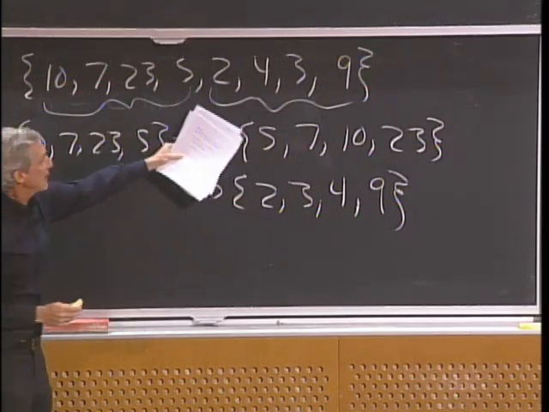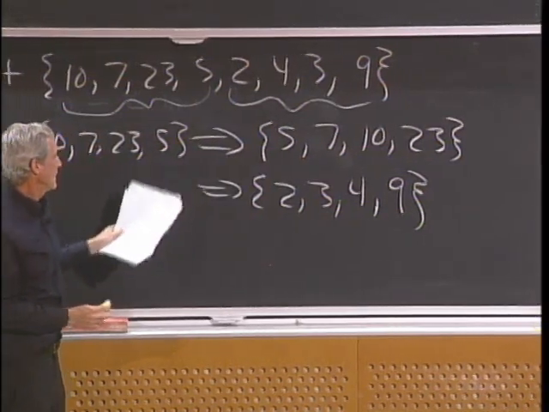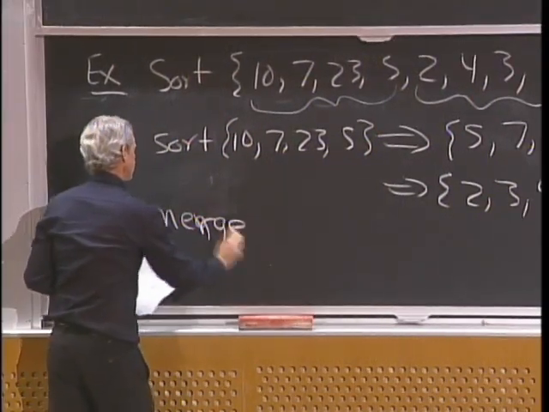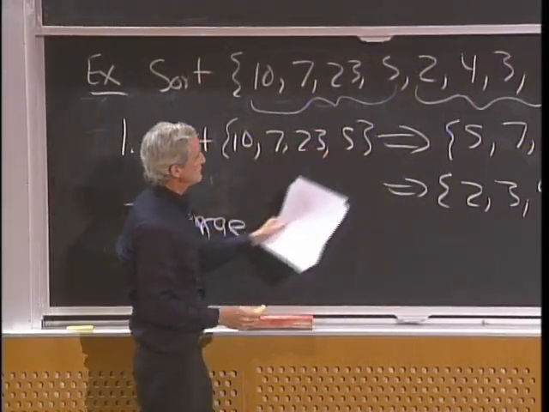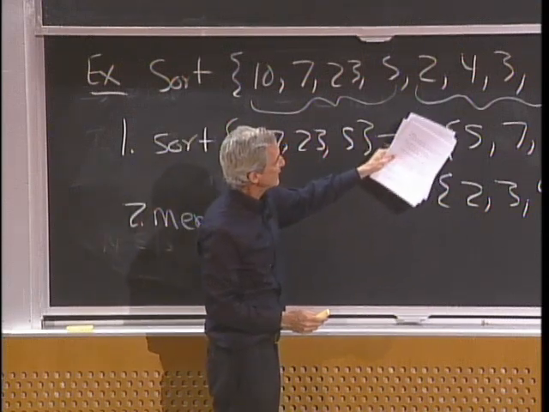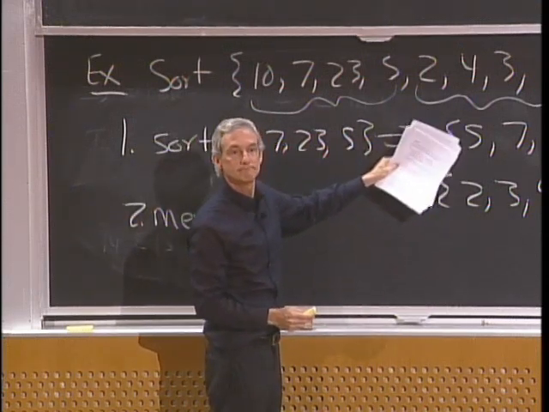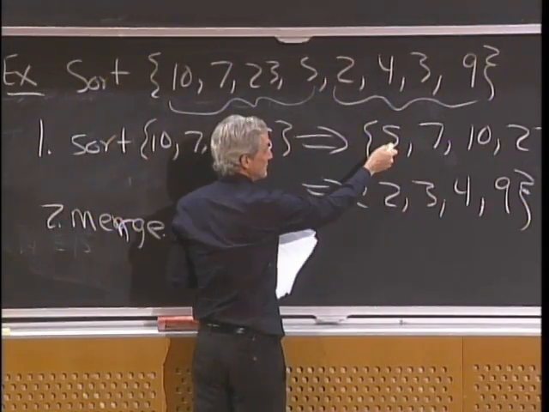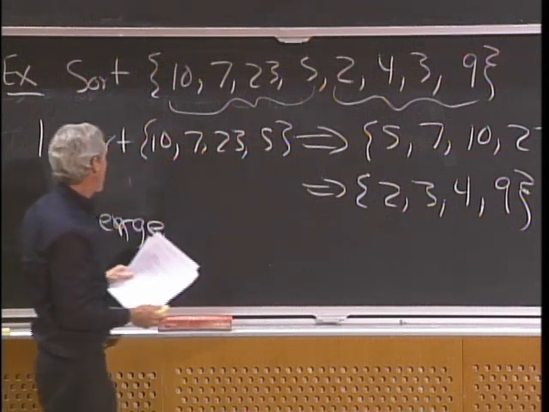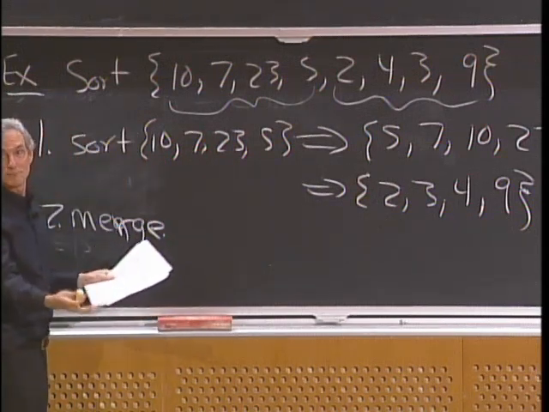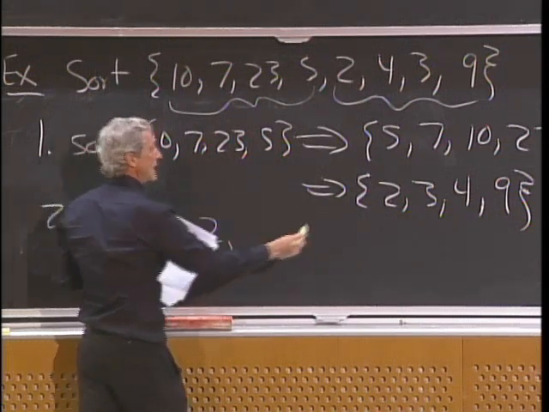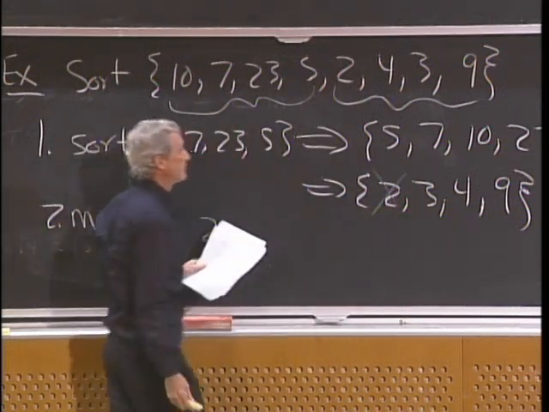Now I'm going to use comparisons to merge the lists. The way I'm going to do that is to look at the smallest item in each list and compare them, because I know the smallest item overall is either this one or that one. When I compare 2 to 5, 2 is the smaller one, so I start with 2, and I strike it.